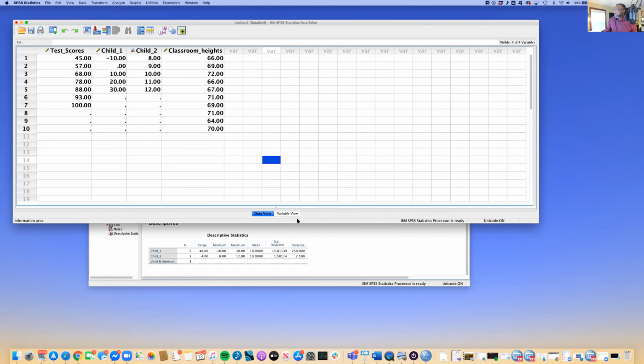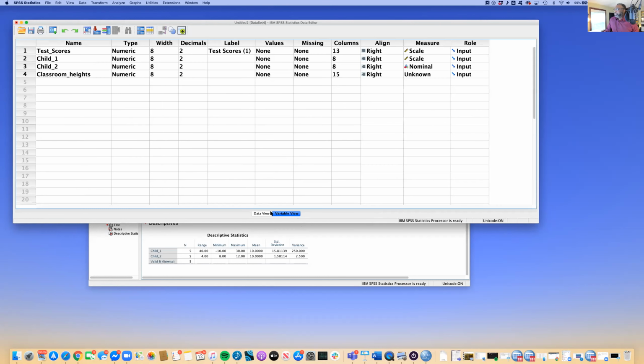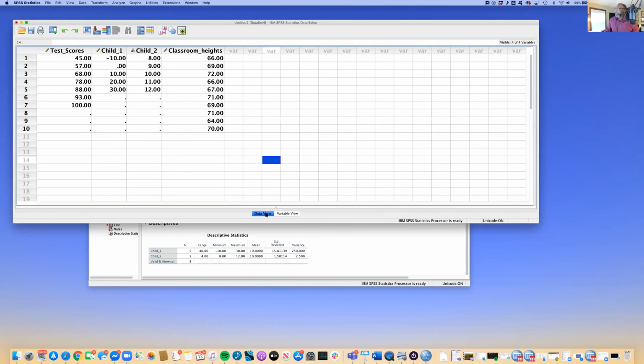Again, what I did is I went to variable view and I put in classroom height. And then I just dropped these data points in there.